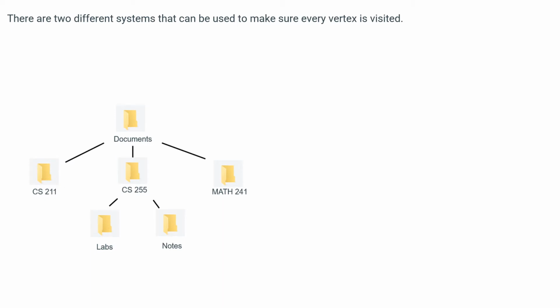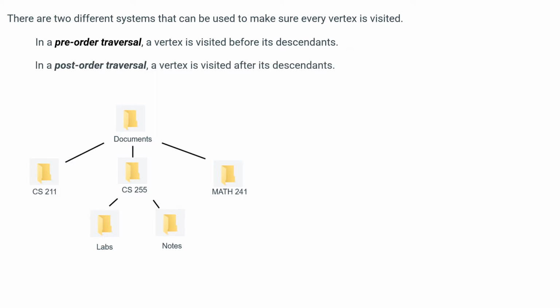Now there are two different systems that can be used to make sure that every vertex is visited within a rooted tree. The first one is pre-order traversal, in which a vertex is visited before its descendants are visited. But in a post-order traversal, a vertex is visited after its descendants are visited.